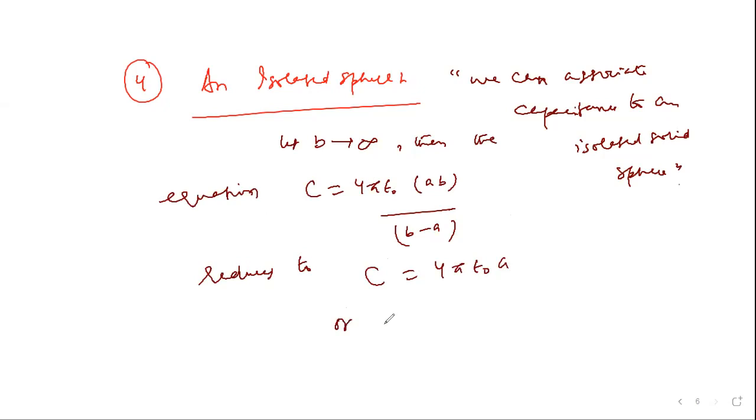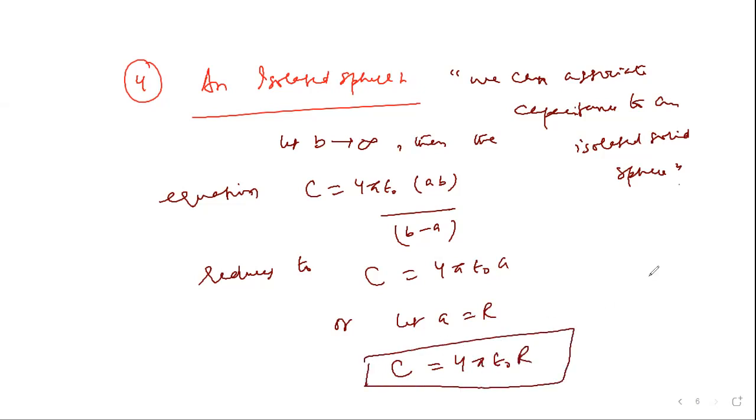Or let A be equal to R. So C is 4 pi epsilon naught R. That means if I have a solid sphere of radius R, then its capacitance is given by 4 pi epsilon naught R.